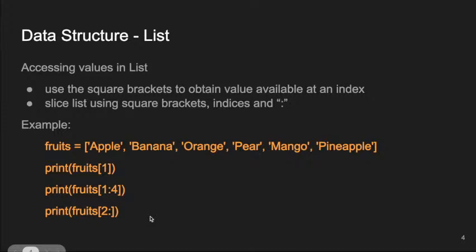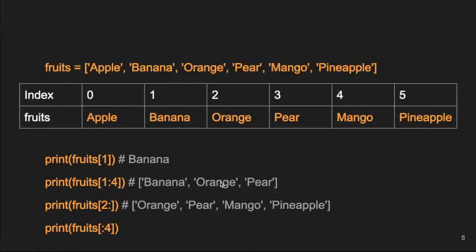And actually this is how you should think about it. You can think of your lists as items. Each item has an index as shown in this table, and with Python and many other languages, we start counting from index 0.